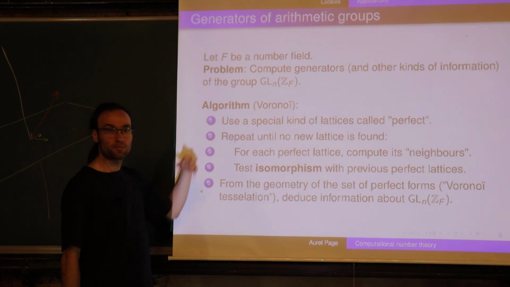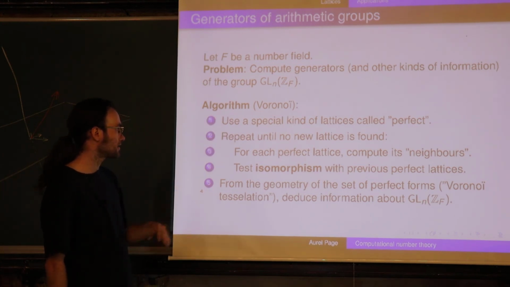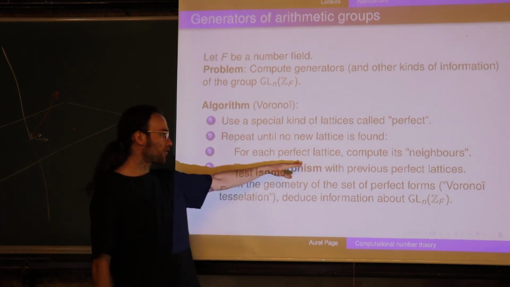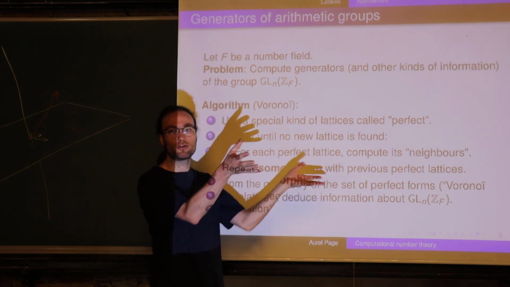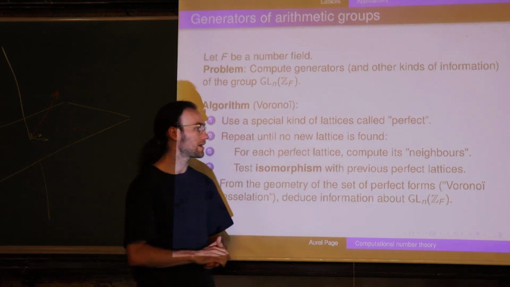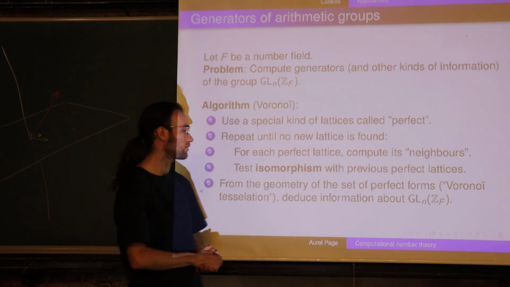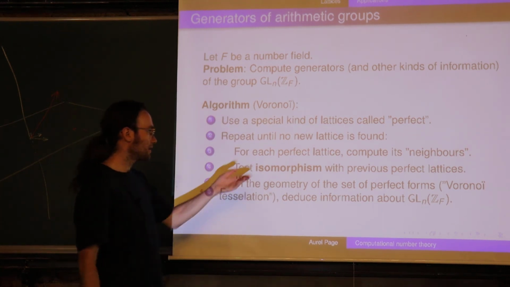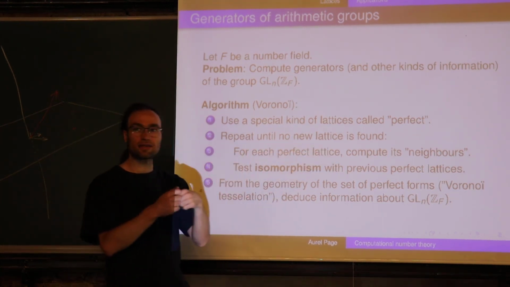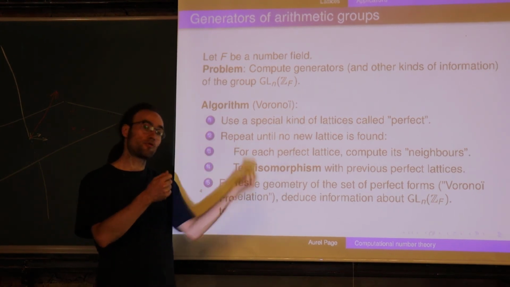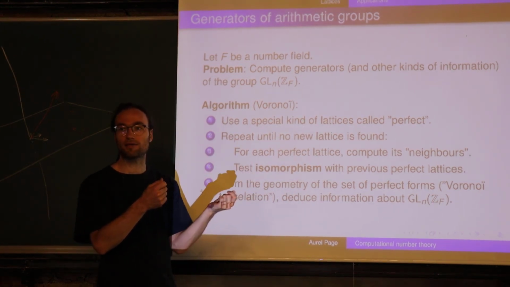You start with the first perfect lattice, and you repeat the following. For each perfect lattice, you have a notion of its neighbors, which are other perfect lattices that you can find by some geometric means. And then when you have these neighbors, you can test if they are isomorphic to some of the previous perfect lattices that you had.